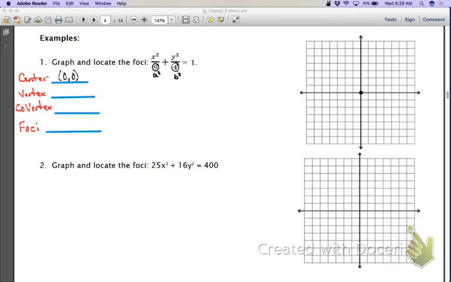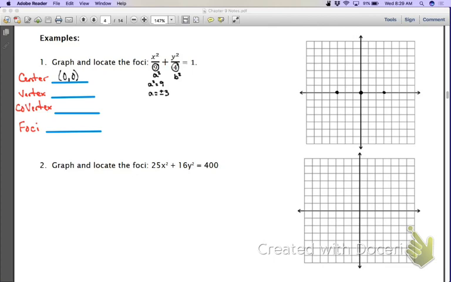So 9 is with, so the bigger number is with your x. So is it going to be long or is it going to be tall? It's going to be long. So the first thing I need to do, I need to take a squared equal to 9. What's a equal to? Plus or minus 3, right? So that means from that 0, 0, I'm going to go 3 to the right, 3 to the left.